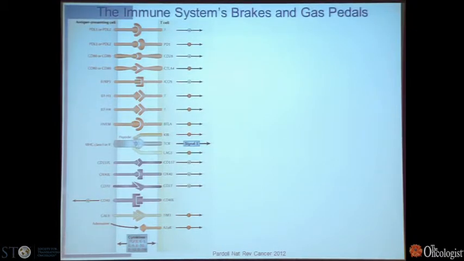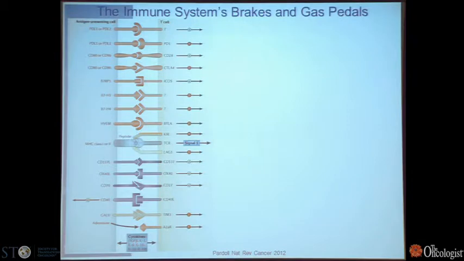It is not only important for the T cell to recognize the peptide produced by the antigen-presenting cell. This has to be seen in the context of a very large number of molecules that activate or inhibit that signal, and as you can see, there are lots of them.